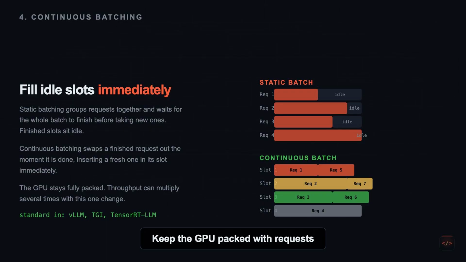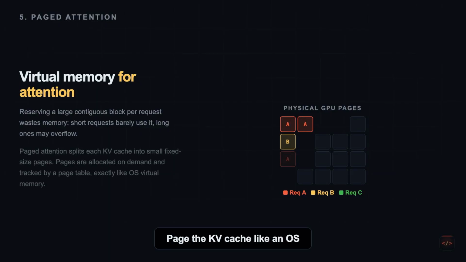Requests finish at different times, so the whole batch waits for the slowest one while finished slots sit idle. Continuous batching solves this issue. As soon as one request finishes, a new one takes its place in the batch immediately, with no waiting for the whole group to complete. The GPU stays packed. This one single idea can multiply how many requests a server handles, and it is standard in modern inference engines.